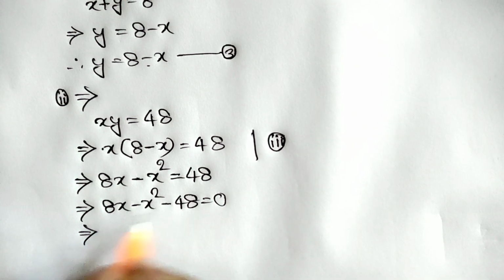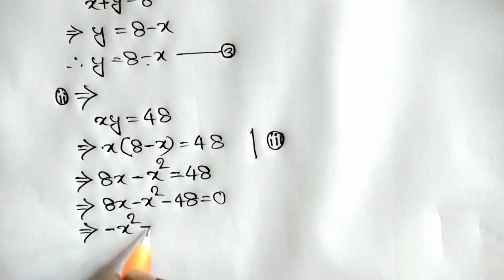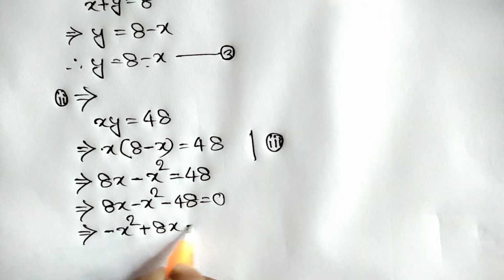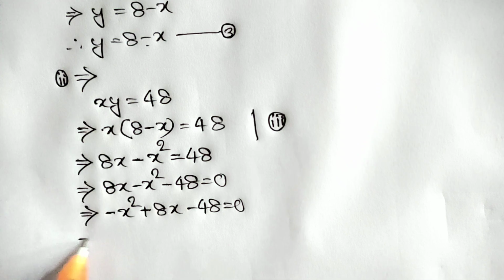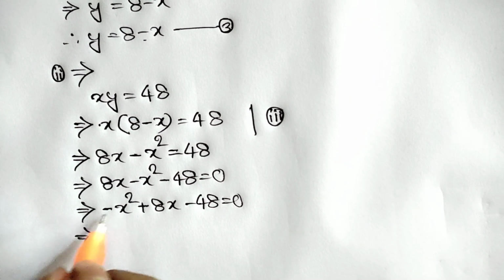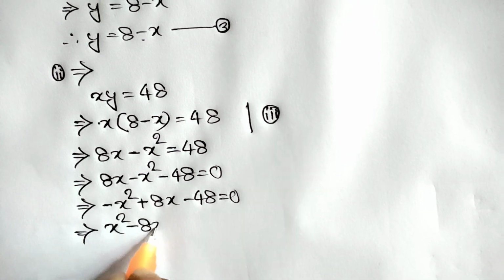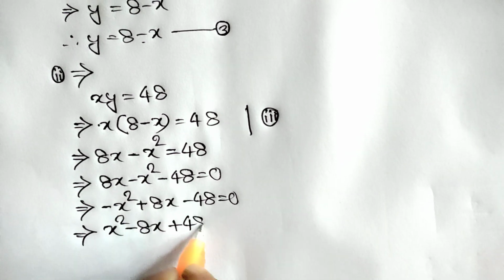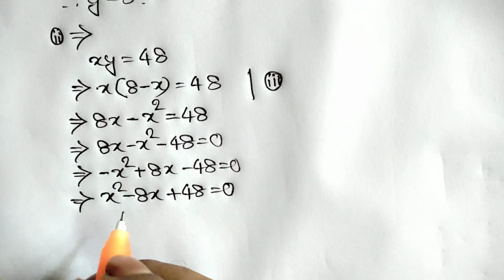Rearranging it we get minus x square plus 8x minus 48 is equal to 0. Now multiplying both sides by negative 1 we get x square minus 8x plus 48 is equal to 0.